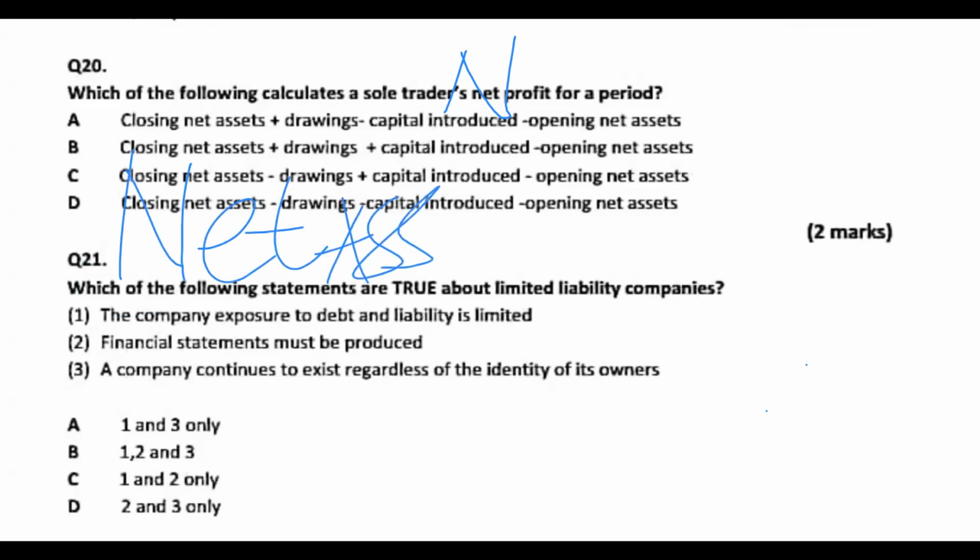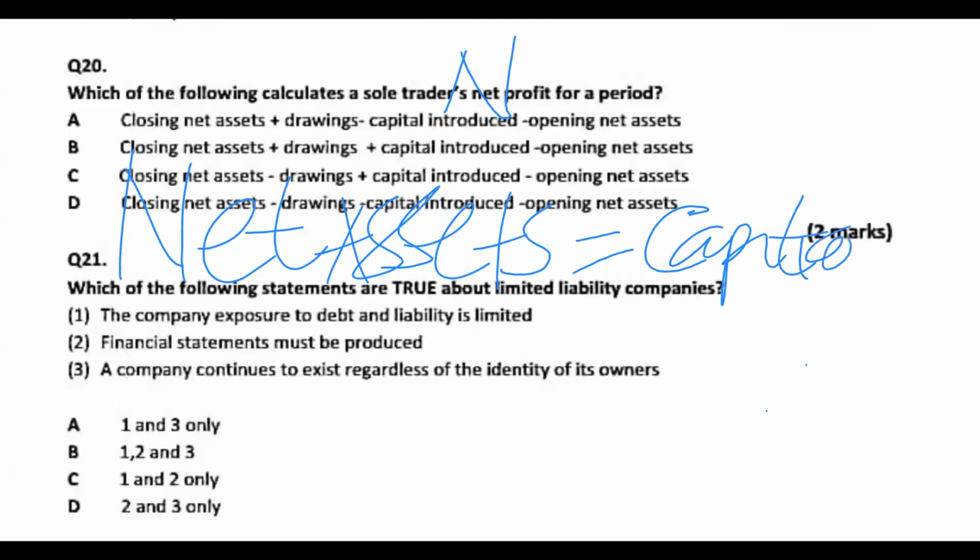The net assets that you have should be equal to capital plus what? Plus liability, right? You call it equity sometimes, plus liabilities.